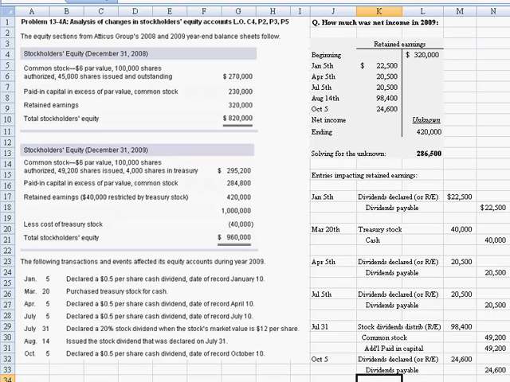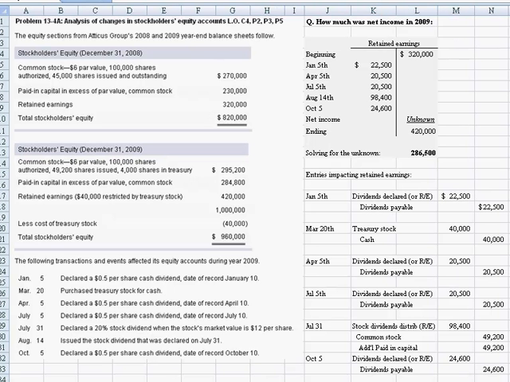All right, now, once we have all of that, we can start working on the T accounts up here. Okay, now if we look up here, we can see how we can use that information to solve for the unknown. We began with 320, we ended with 420. All of these entries that we looked at below decreased retained earnings.